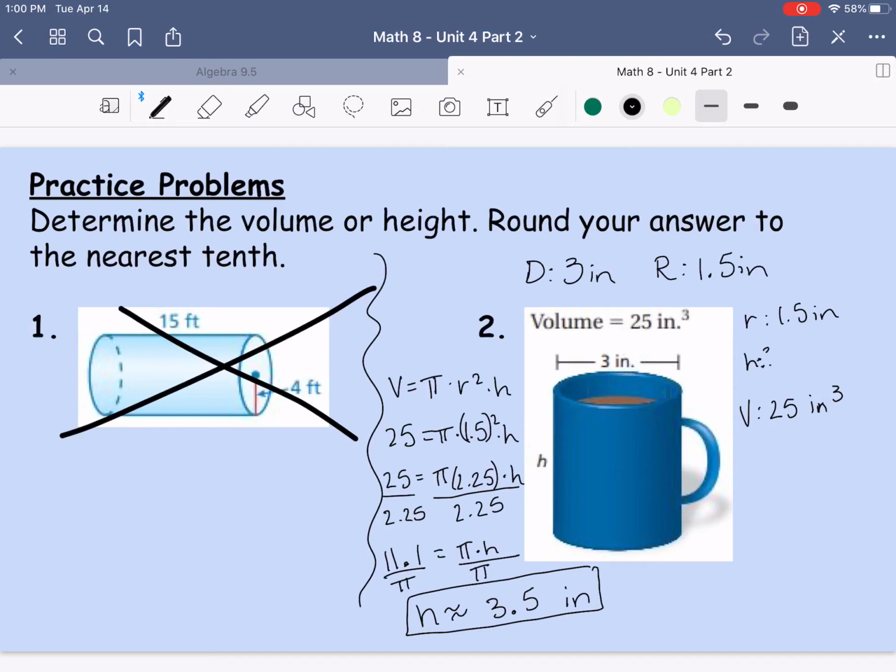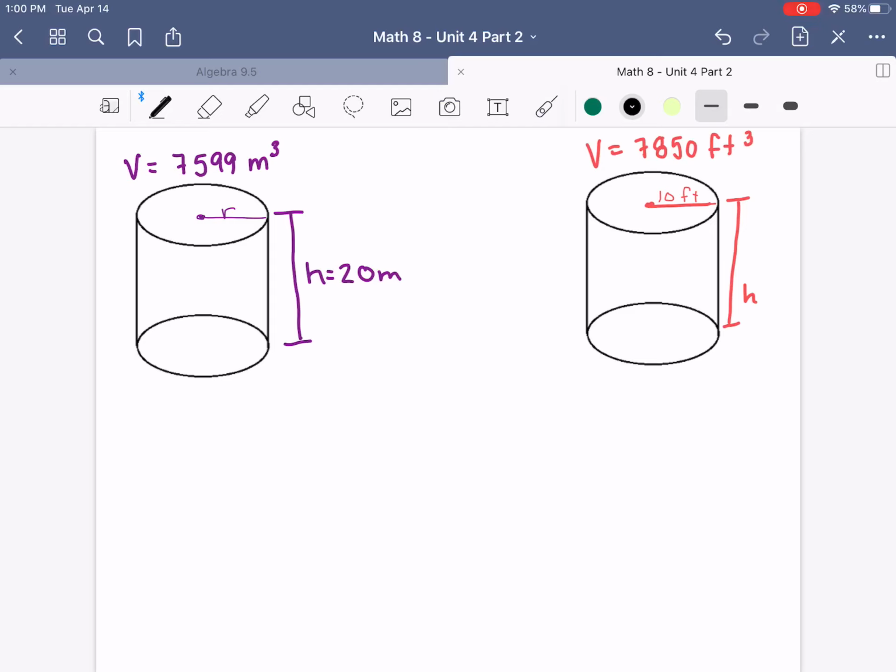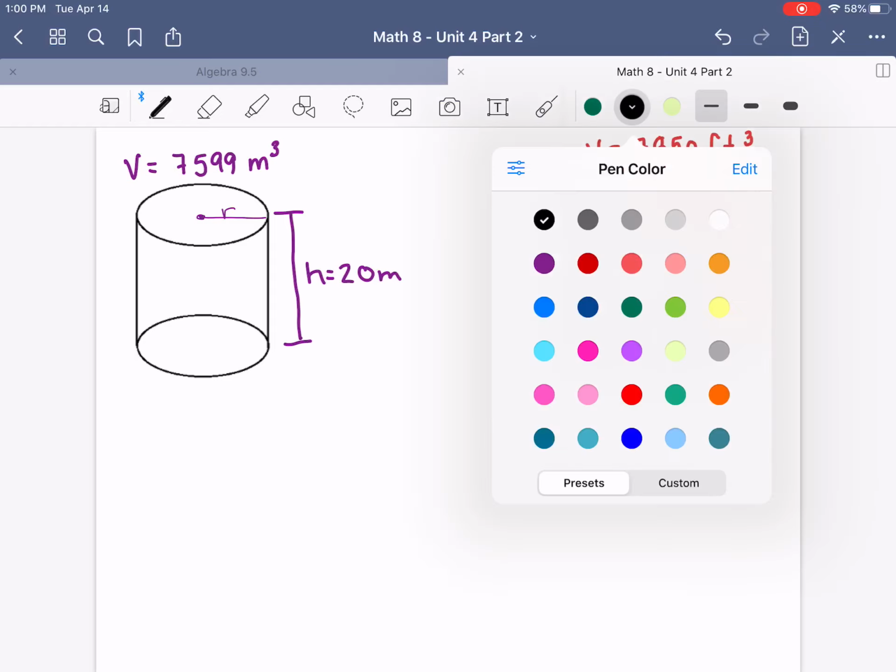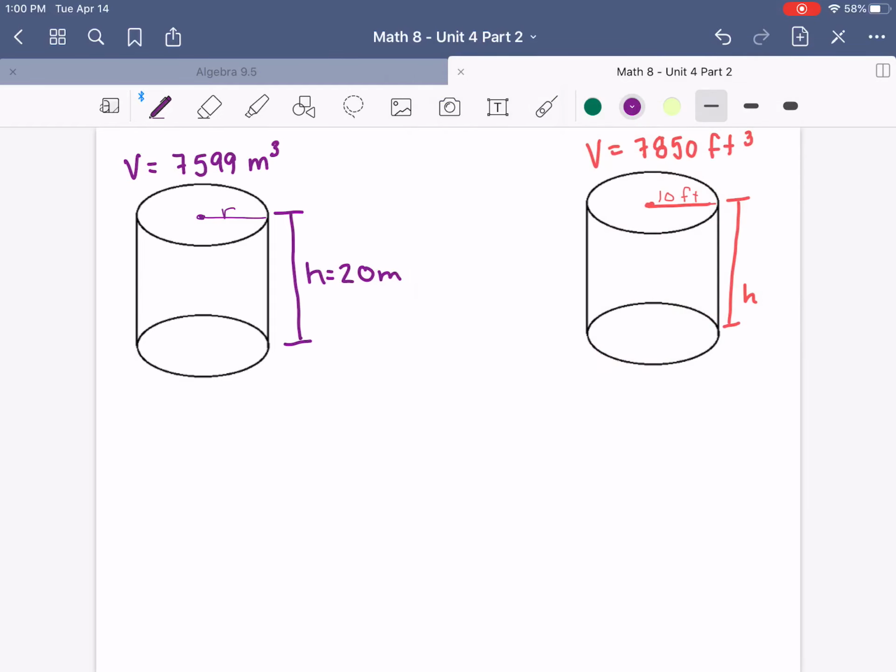Okay, if you would like some additional practice problems, there you go. So for these, they're slightly different because we are given the height, but we are not given the radius. So I am going to work through the first one with you, and then you can try the second one on your own. So again, we start with our formula. Okay, and we fill in what we know.